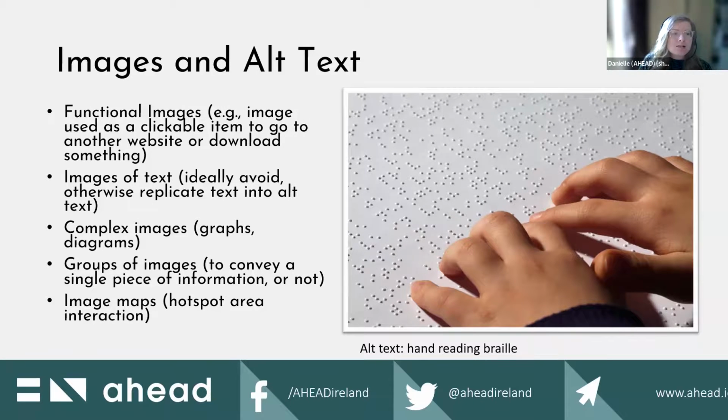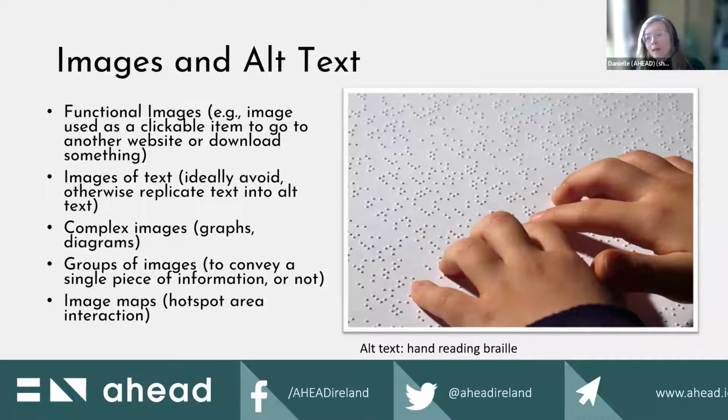So functional images are, for example, an image used as a clickable item. So if you have a little green box maybe that says, download here, and it's an image, and you click on it and it starts a download, that's a functional image. So the image serves a function. Images of text, ideally avoid images of text.